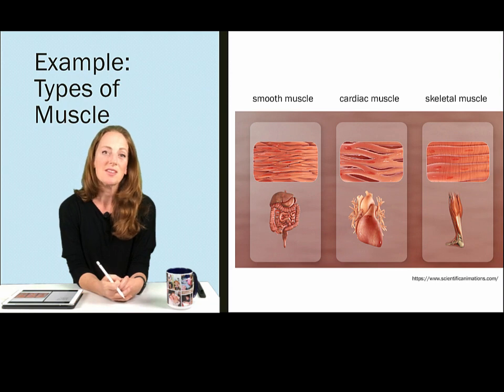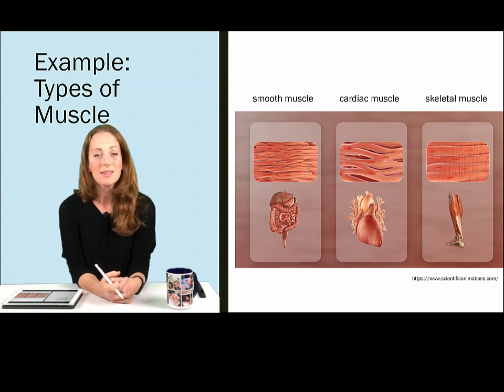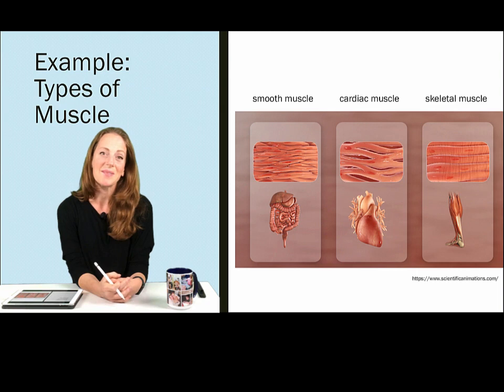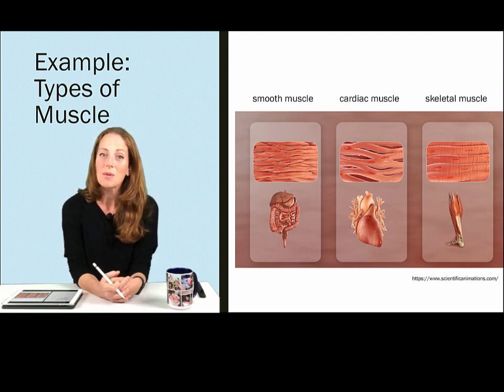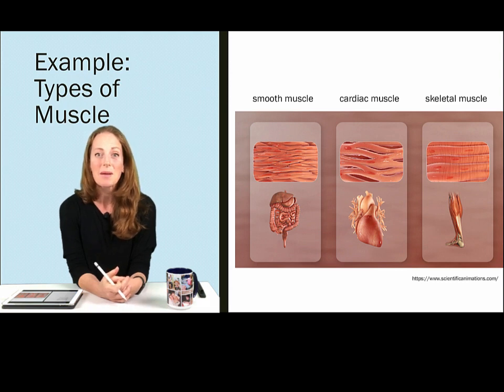Examples of specialized cells coming together to create specialized tissues can be found in the different types of muscle. So look at the images here. You can see, for example, the difference between smooth muscle, cardiac muscle, and skeletal muscle.